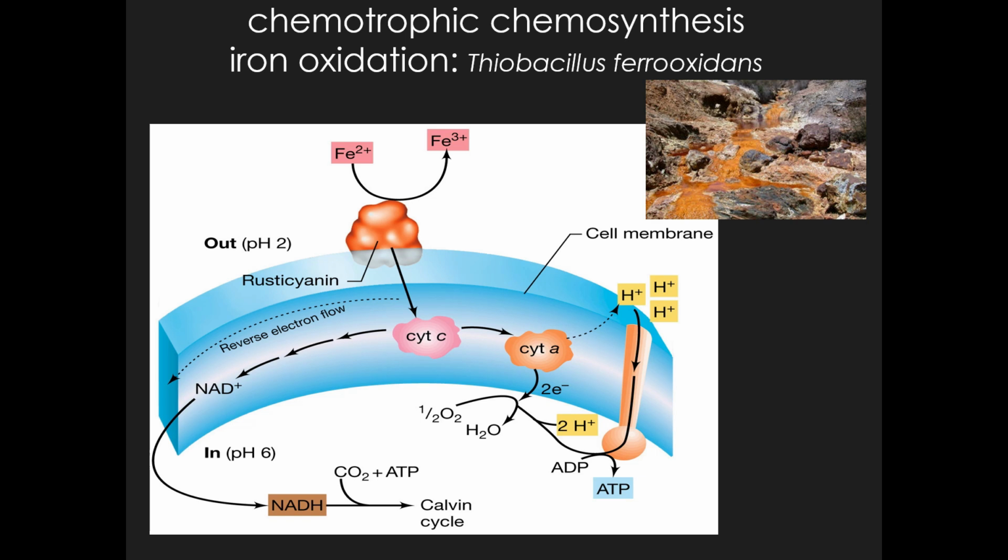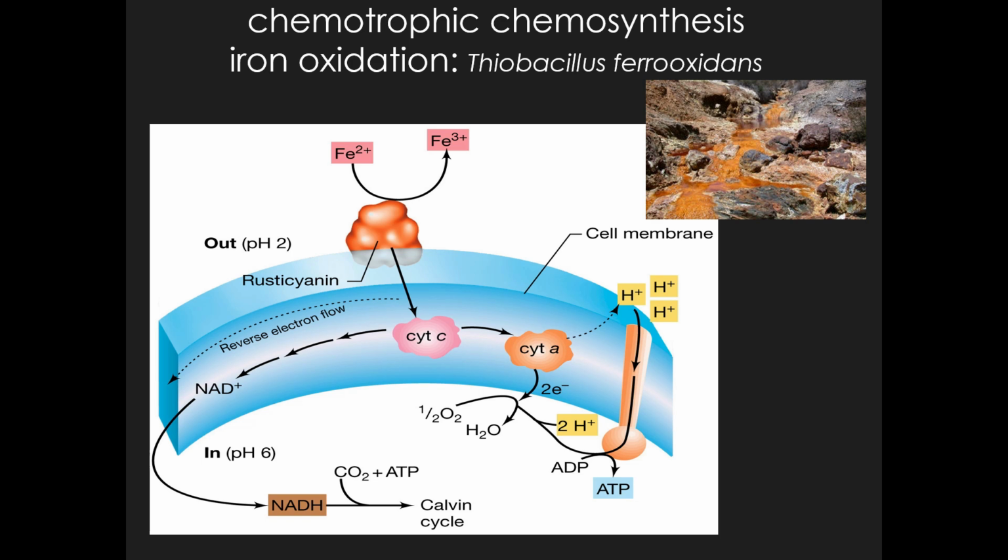So first up, the chemolithoautotrophs that use iron as an electron donor in order to undergo chemosynthesis. One example of them would be Thiobacillus ferrooxidans, who oxidizes iron, as its name suggests, in order to put those electrons into the electron transport chain and go through this whole process that we've been talking about.